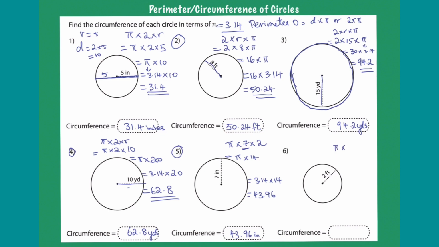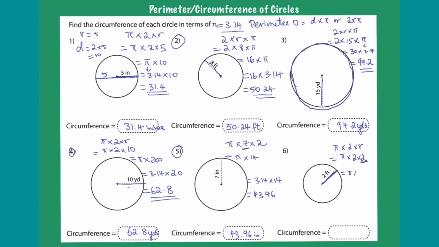The circumference is always pi times 2 times r, which means pi times 2 times 2. In this case, the radius is 2, so r is 2.